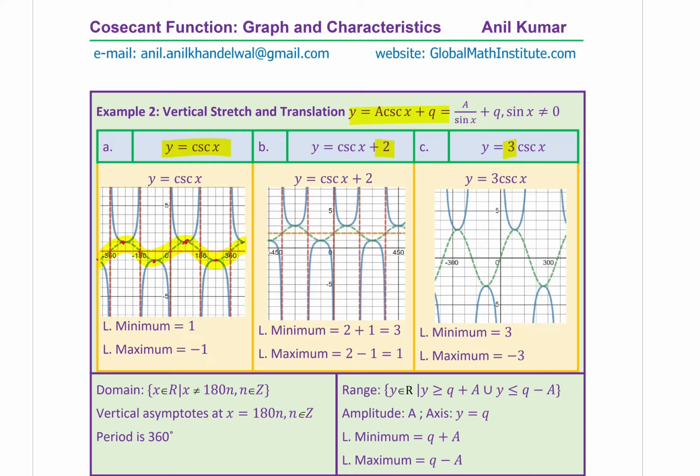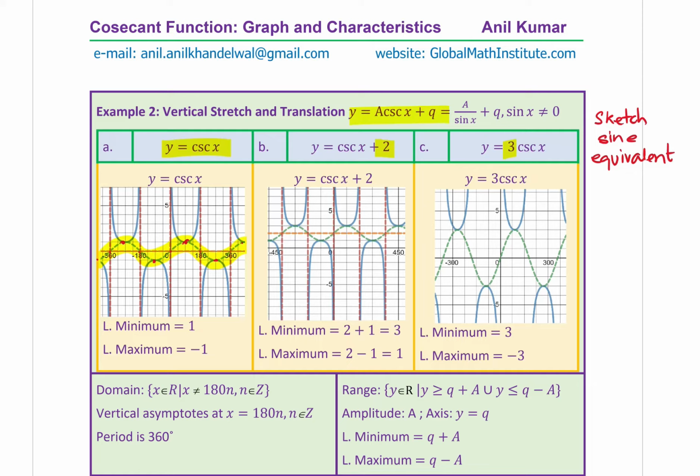So the idea here is step 1, sketch the sine equivalent, okay?